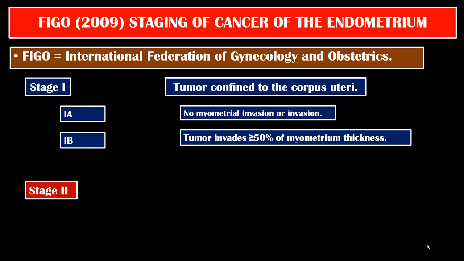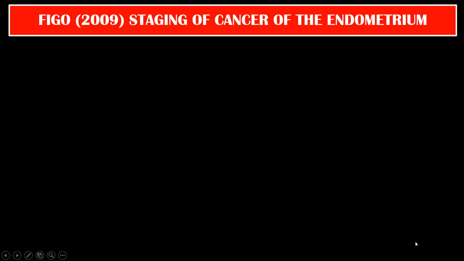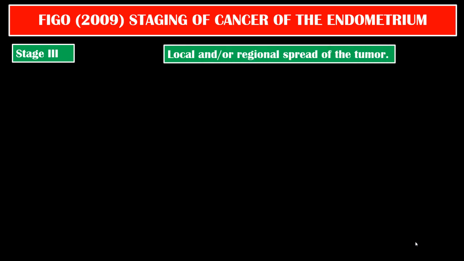Stage 2. Tumor invades cervical stroma but does not extend beyond the uterus. Stage 3. Local and or regional spread of the tumor. Stage 3A.